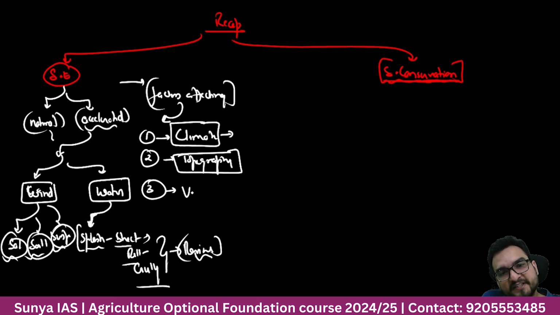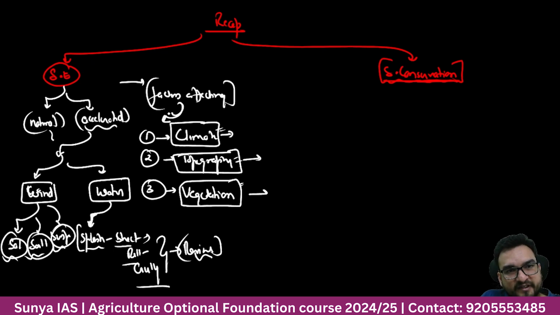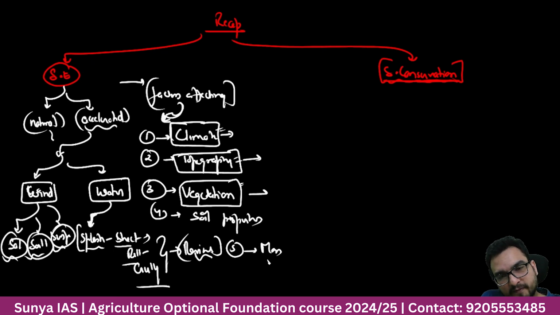Third is about vegetation. Fourth was soil properties, and fifth was man and animal, or you can say human impact.